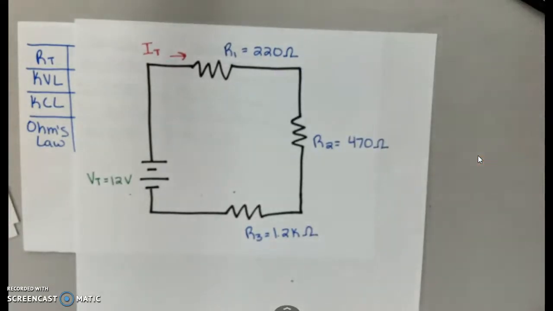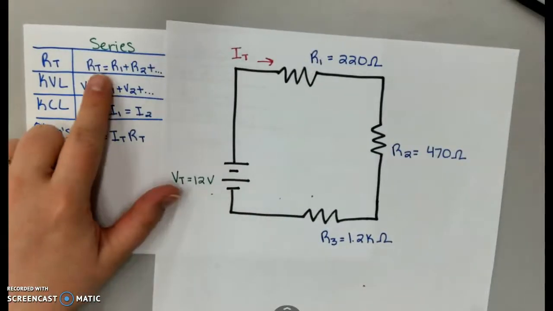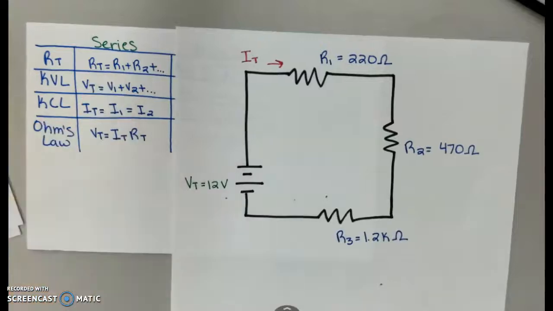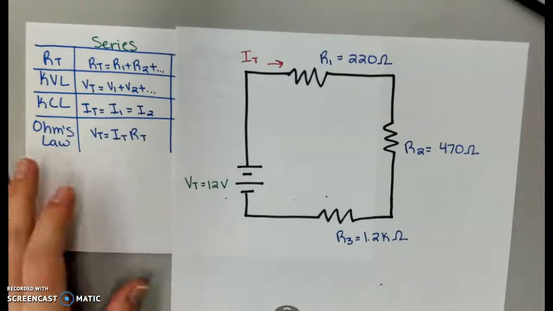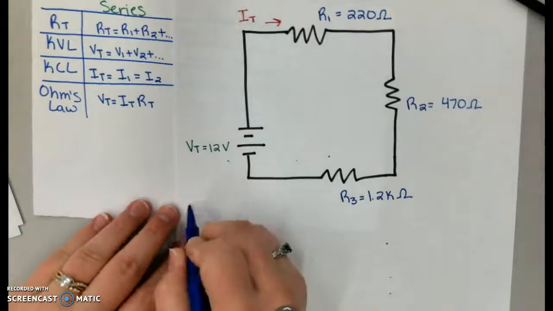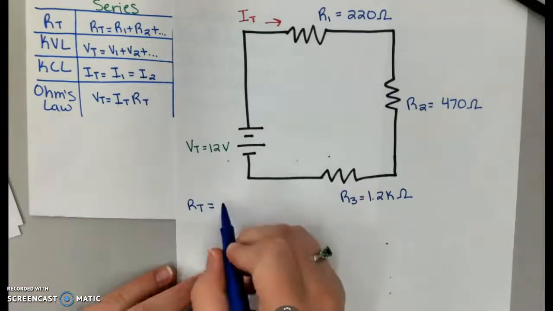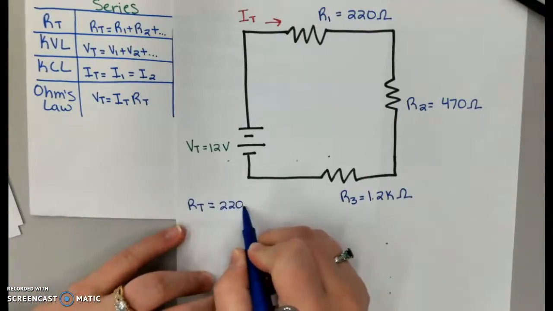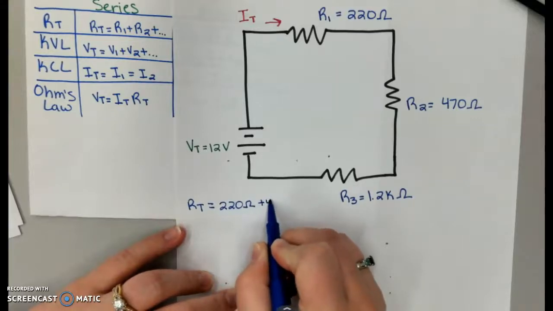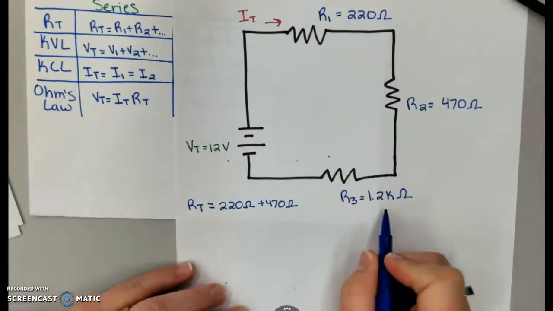So the first thing we're going to want to find is the total resistance. Now, because this is a series circuit, we're going to find that by adding all of our values of resistance together. So our total is going to be 220 ohms plus 470 ohms plus 1.2 kilo ohms.